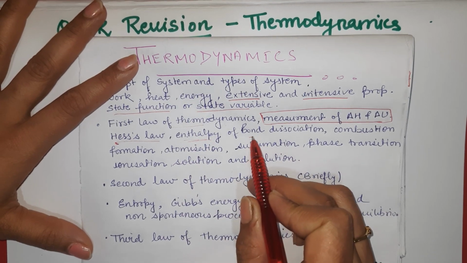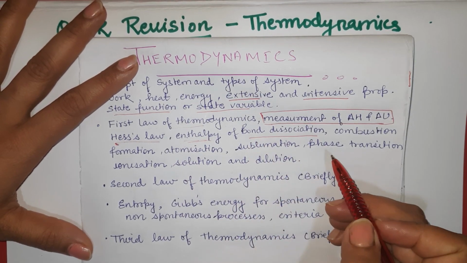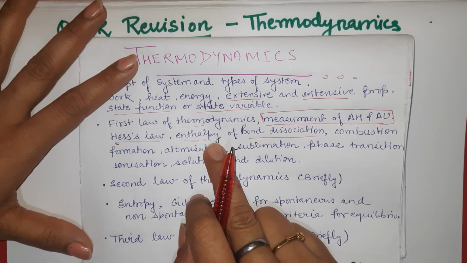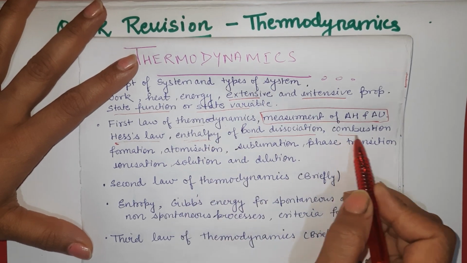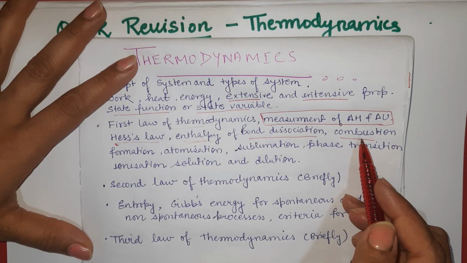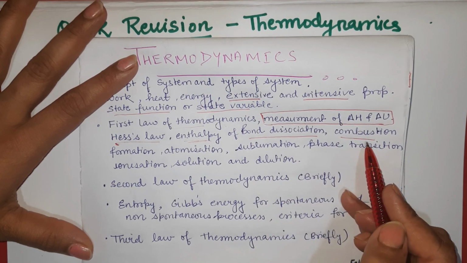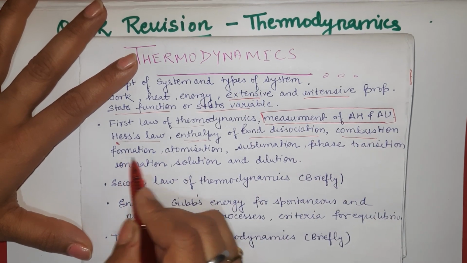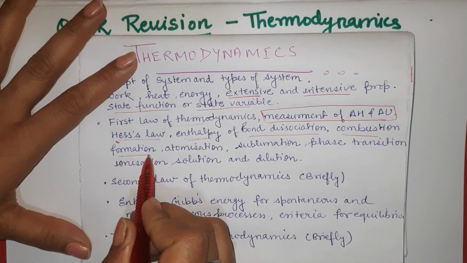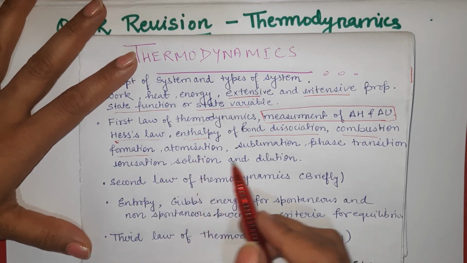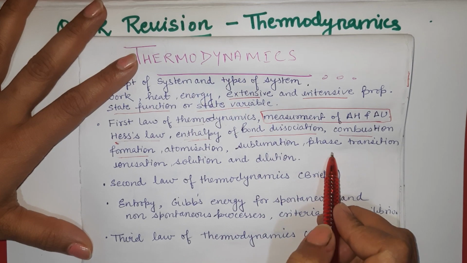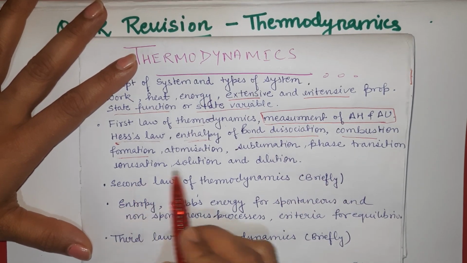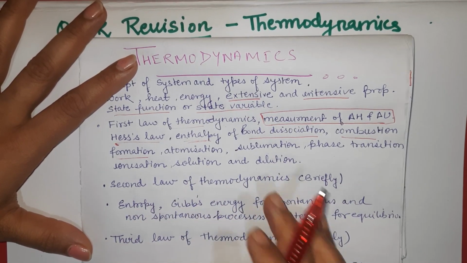If the reaction involves bond dissociation, we calculate bond dissociation enthalpy. If combustion is taking place, we calculate the enthalpy of combustion. If formation is happening, we calculate enthalpy of formation, atomization, sublimation, phase transition, ionization, solution, dilution.